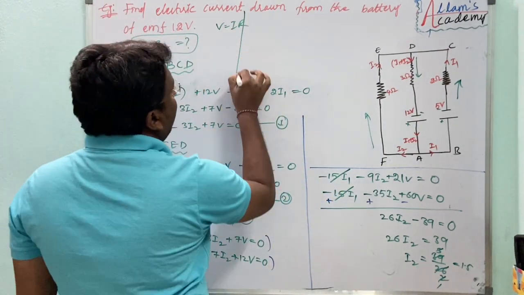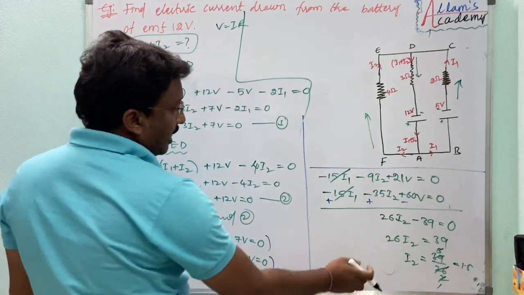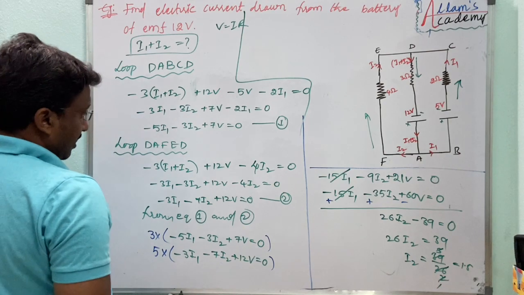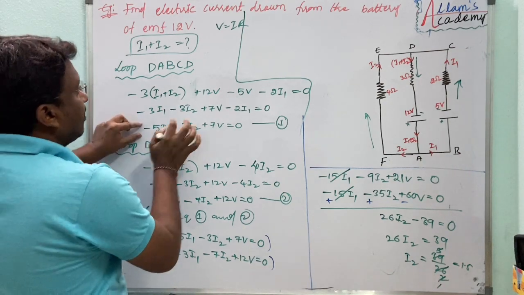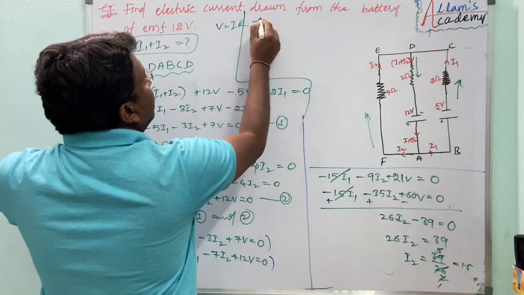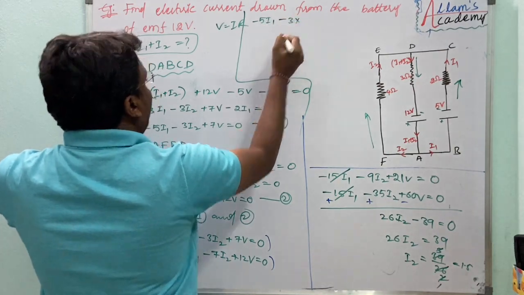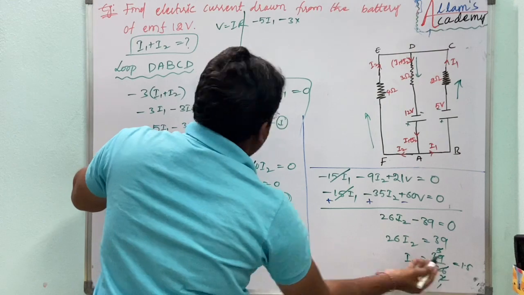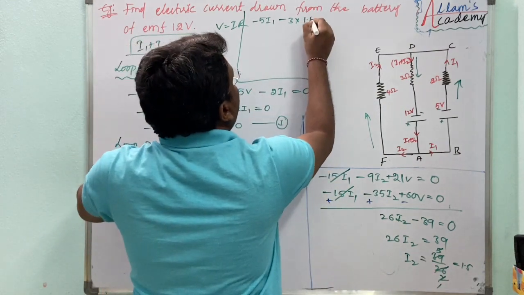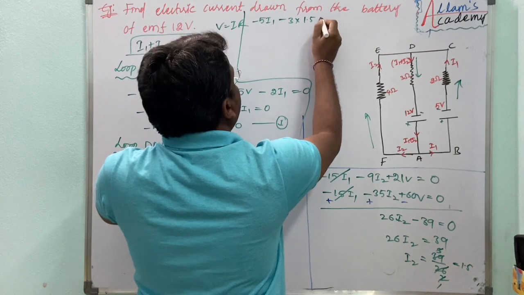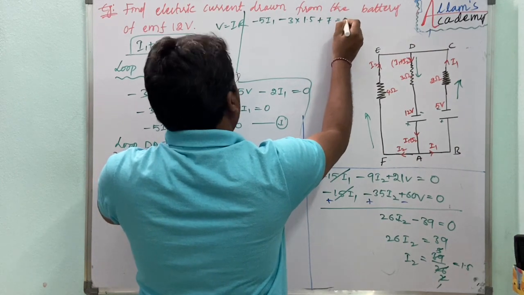This I2 value I am going to substitute in either equation, say the first equation. So minus 5 I1 minus 3 into I2, which we got as 1.5, plus 7 equal to 0.